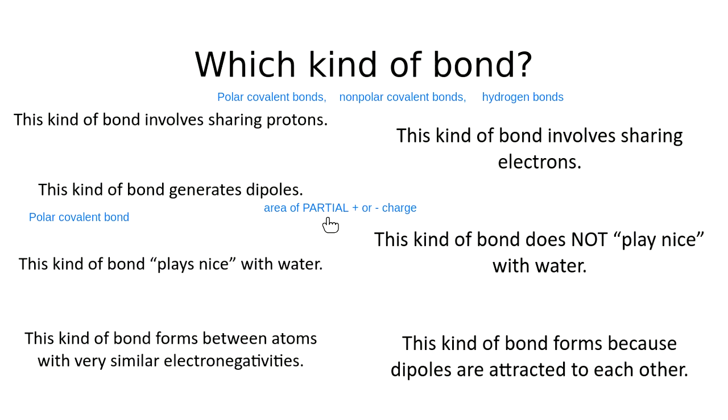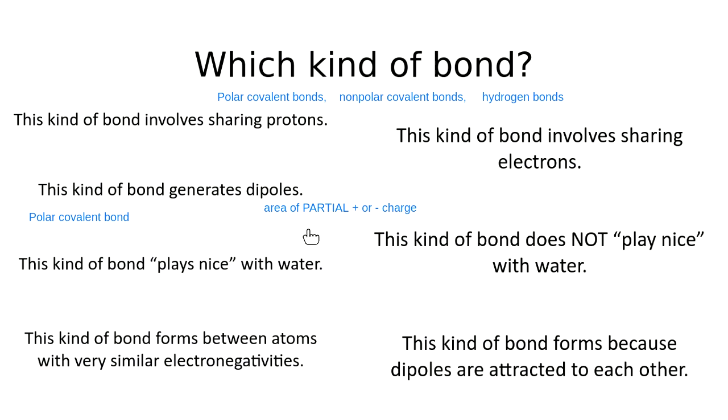The way that I get a partial positive or negative charge has to do with the way that I share my electrons. If I have a partial charge, partial positive or negative, or in other words, if I have a polar covalent bond, do I share my electrons equally or not equally?